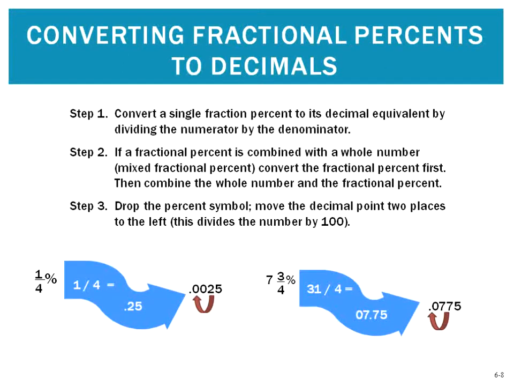Converting fractional percents to decimal. What if you have 1/4%? Okay, number 1, convert it to a decimal. So 1/4% is also 0.25%. Okay, so now 0.25%, you want to convert it to a decimal.